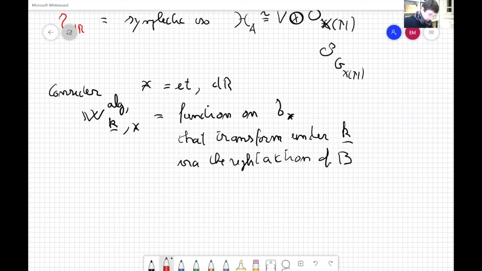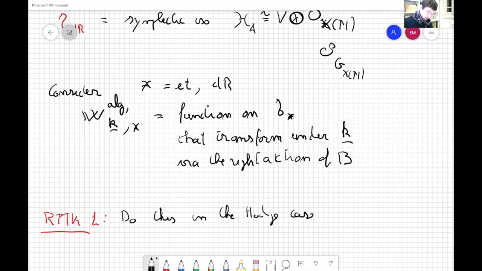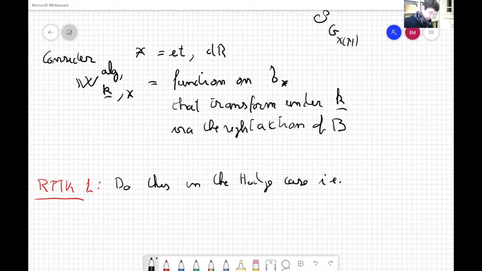So a remark one, okay, so this will be the coefficients that actually you can also do this in the Hodge case. I can consider P Hodge as an isomorphism simply of omega A with O_X^2.